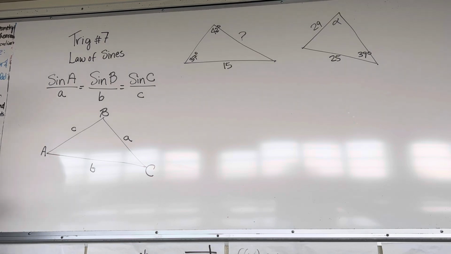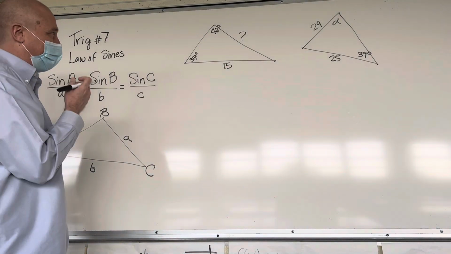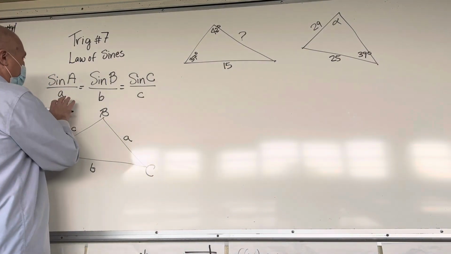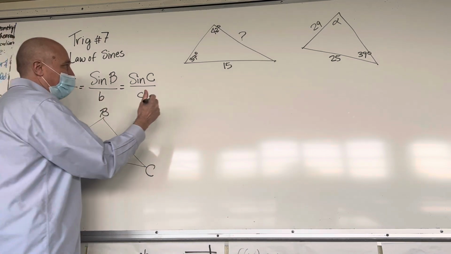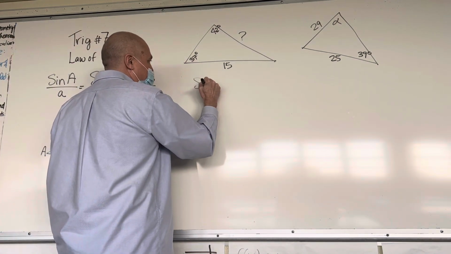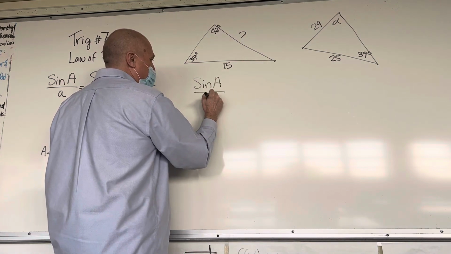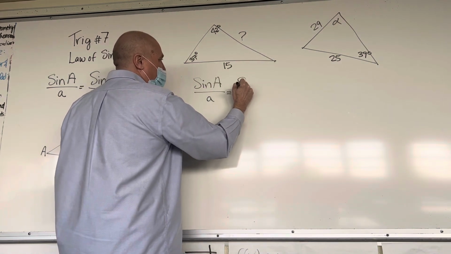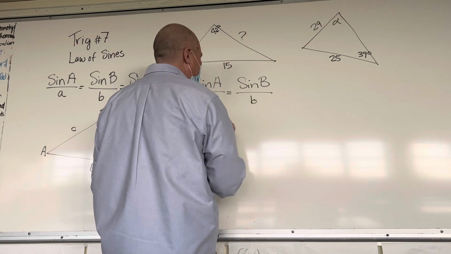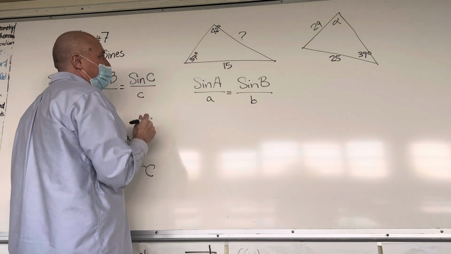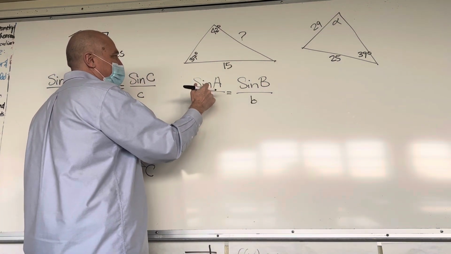So here's a couple of problems. Let's start with the first one. We'll start by writing the law of sines, and we only need 2 of these. So we'll say sine A over a equals sine B over b. Now we'll fill it in with the corresponding information.